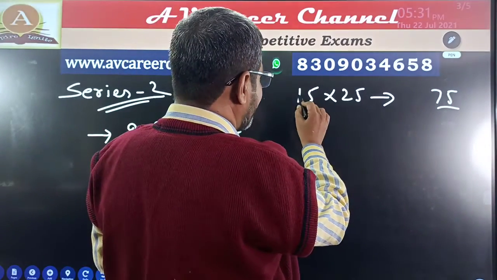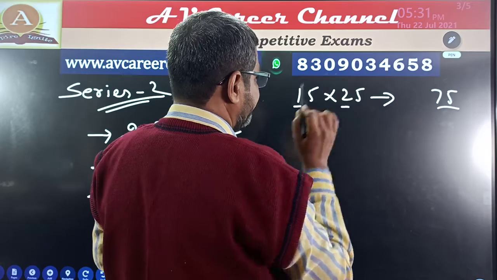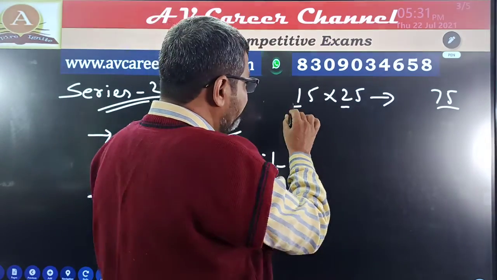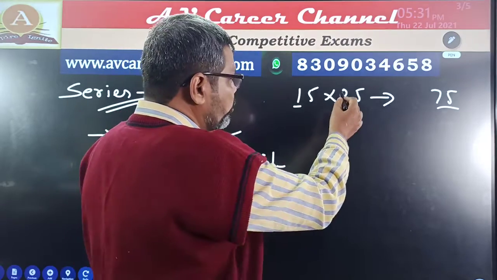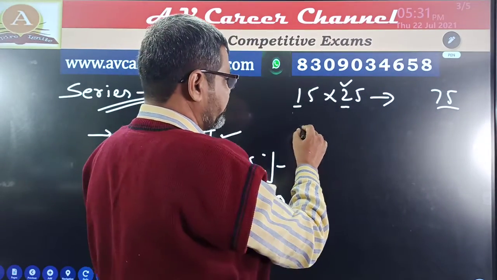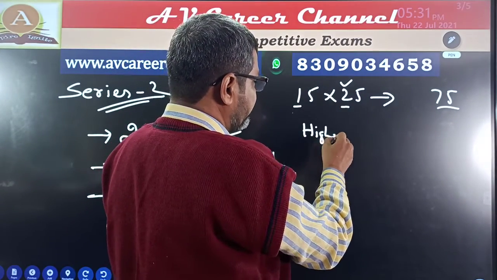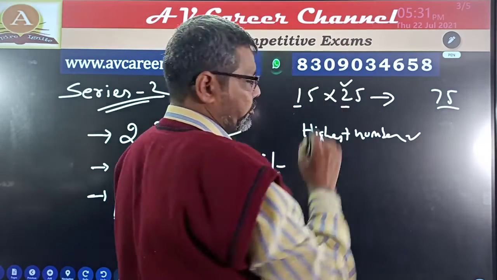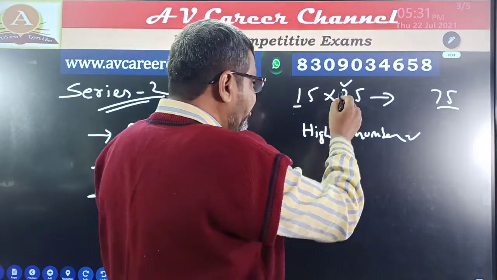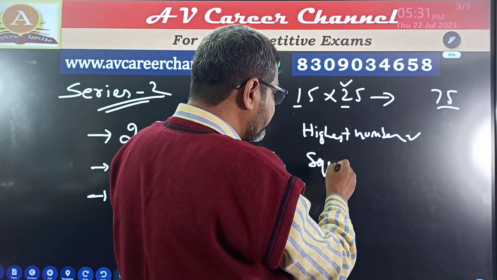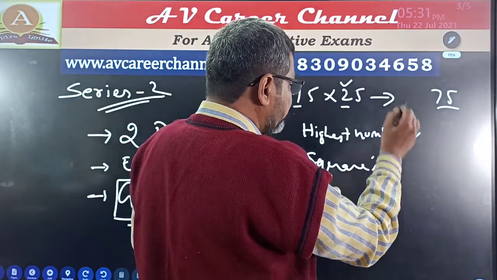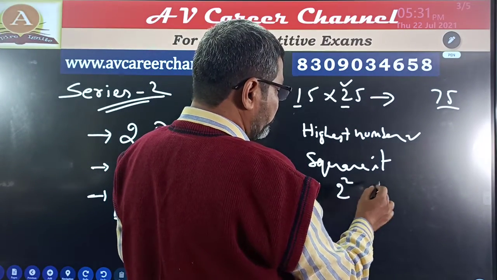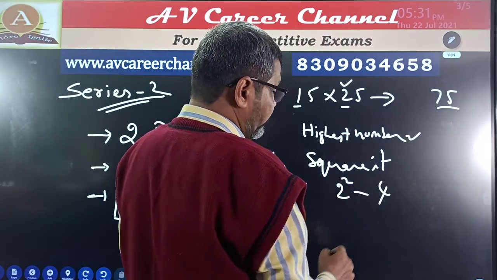Now, take the highest number. Out of these 2 left digits, which is the highest number? 2 is the highest number. So, you have to choose the highest number. Now, square it. Square it means here, in this case, 2. So 2 square is 4.